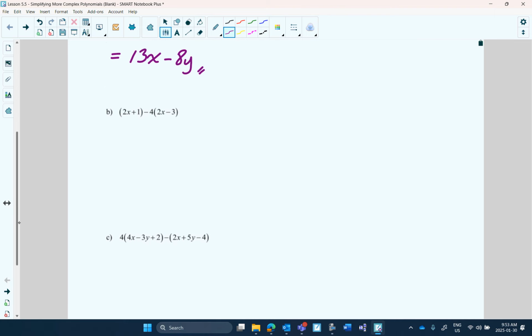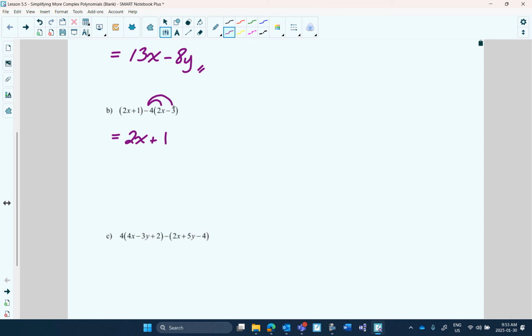B, parentheses first. What's in front of the first set? Positive, like a positive number or nothing. So remember, if there's a plus sign or nothing, which is the same as plus, I can just take out the parentheses. Nothing changes. The second set, however, I have to multiply every term inside by -4. Take the sign too.